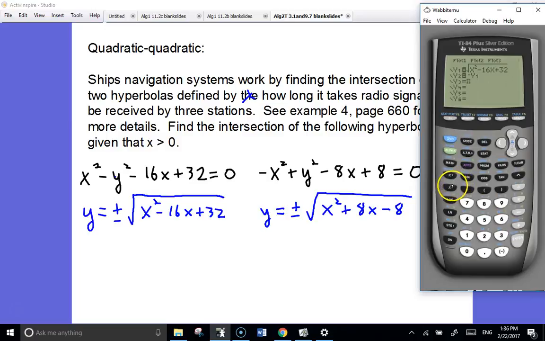Second square root, and this one will be x squared plus 8x minus 8. And again, on the next line, I'm just going to put in the opposite of whatever's on y3. So negative, then vars, y vars, 1 for function, and 3 for y3. That ought to do it. Now let's see what that graph looks like. Zoom 6.